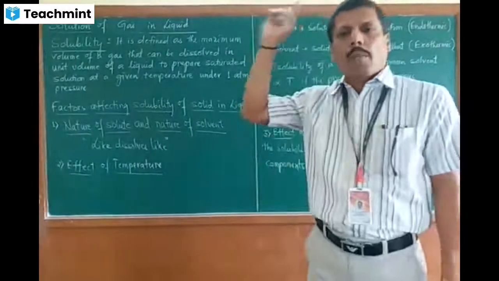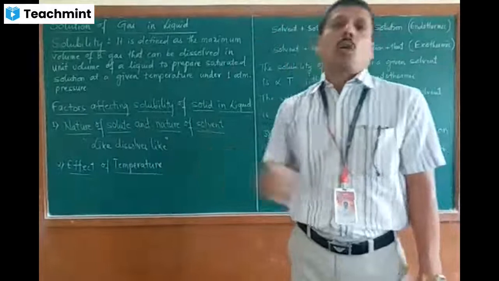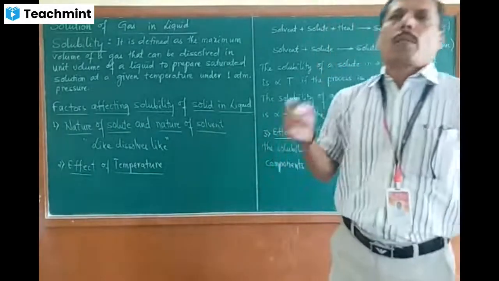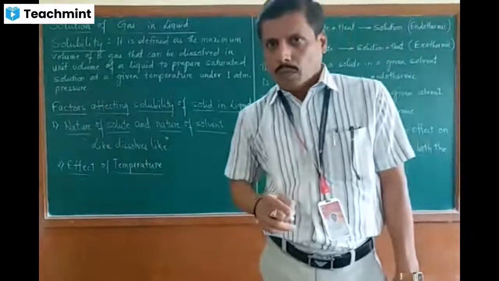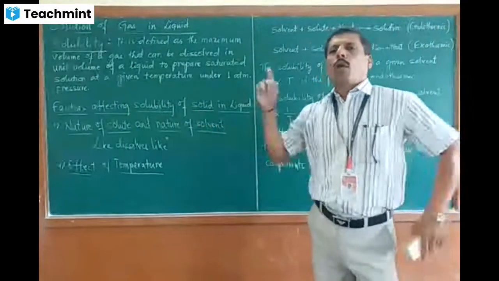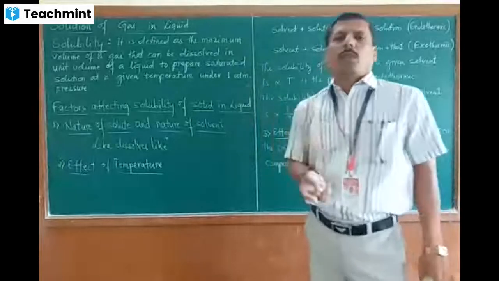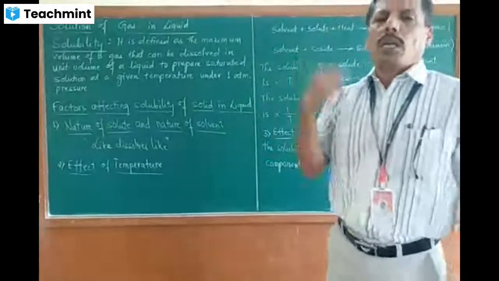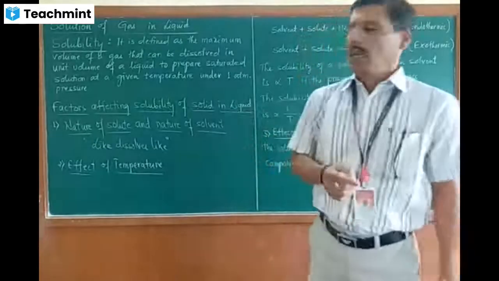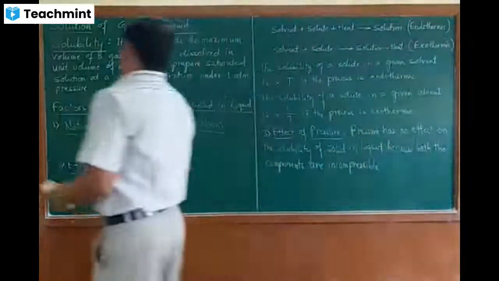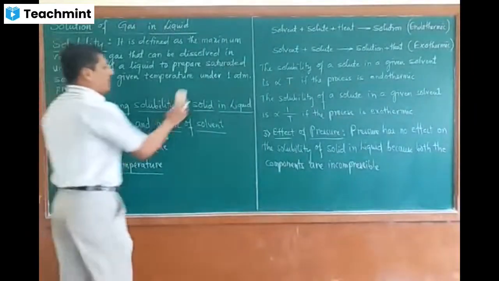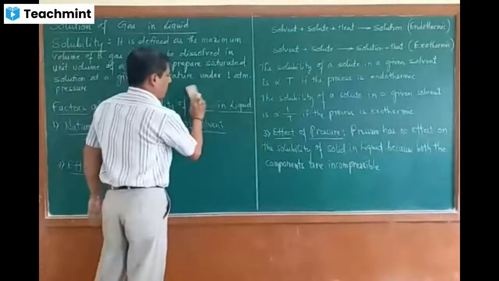In the earlier case we took only temperature, here pressure must be mentioned, because solubility of gas depends upon pressure also. Is it right? Temperature also. So therefore we have to mention under what conditions of temperature and pressure we are dissolving a gas in a liquid. Is it right?